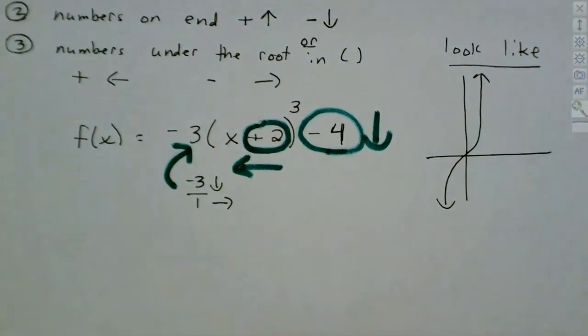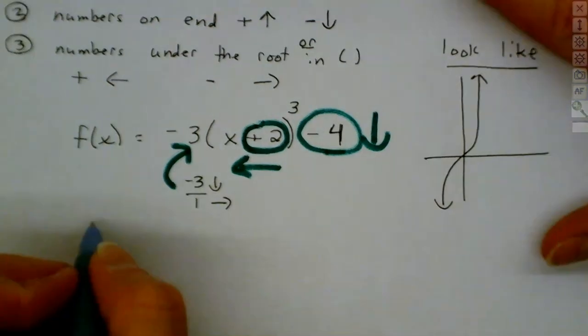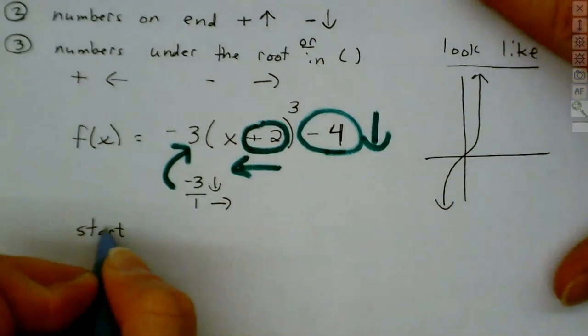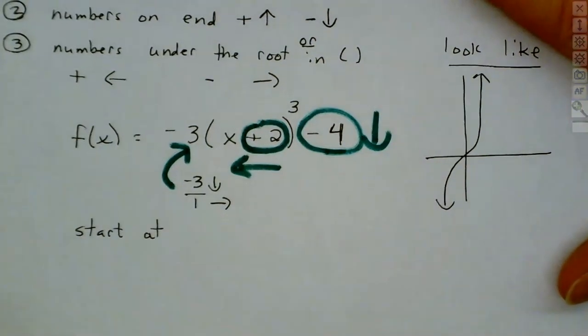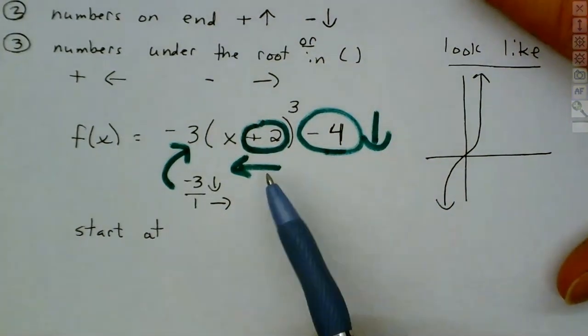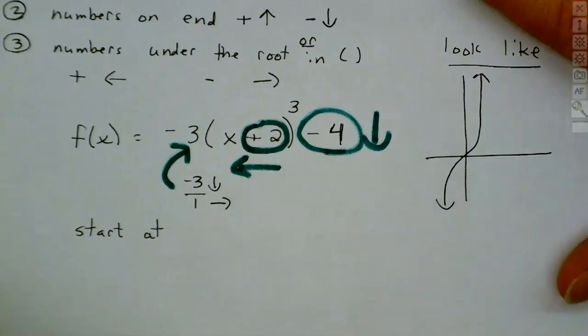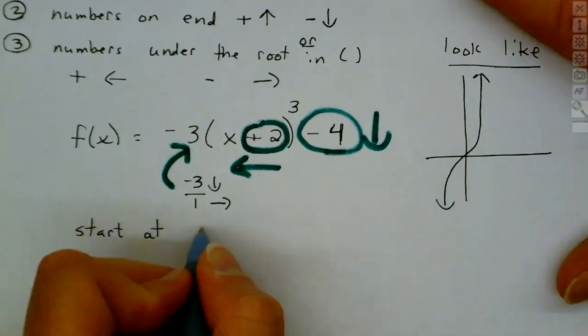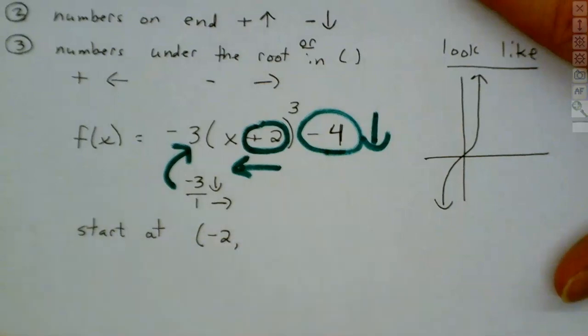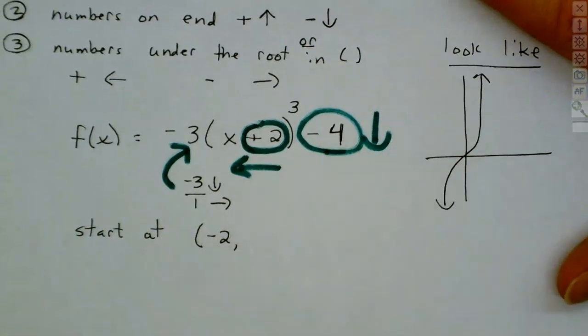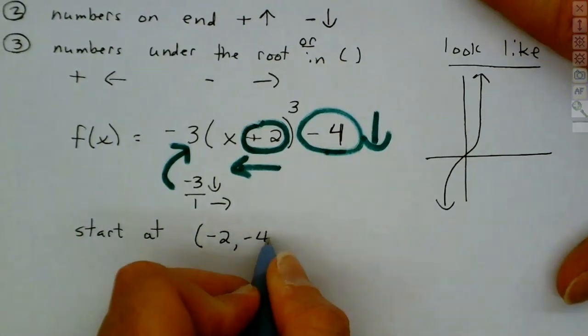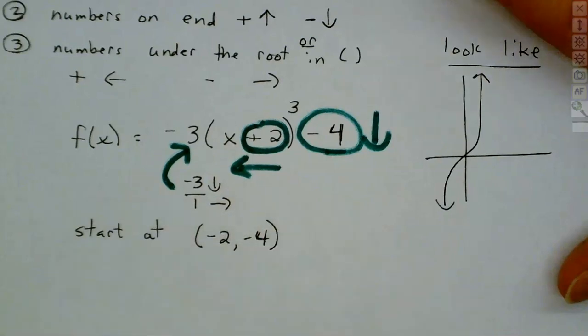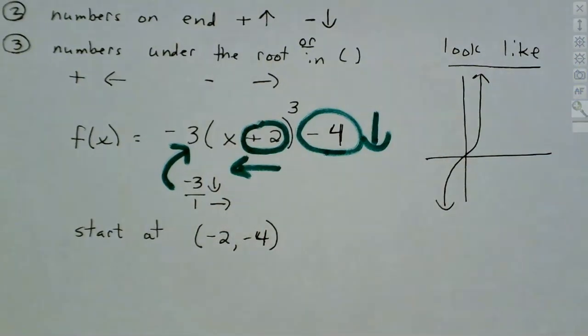Now, where are we going to start at? Let's label the ordered pair. Where are we going to start at? Okay, this is moving it back. Okay, moving it back to the left, 2 units. So we're going to start at -2, and we're going to have to move it down 4. So we're going to start at -2, -4.